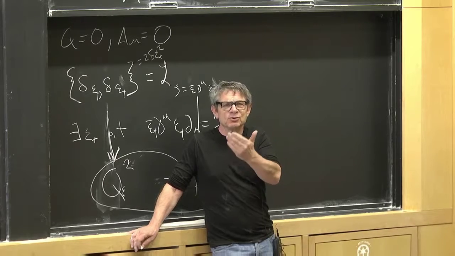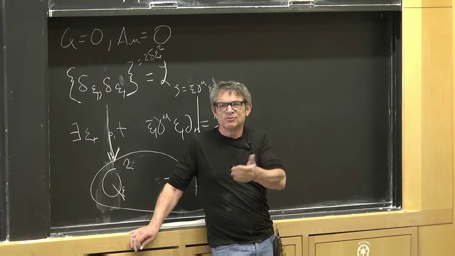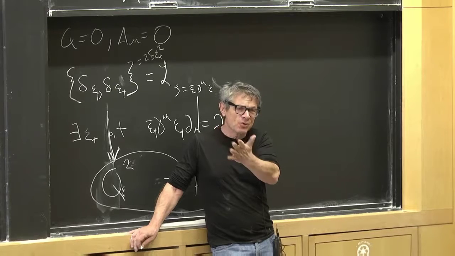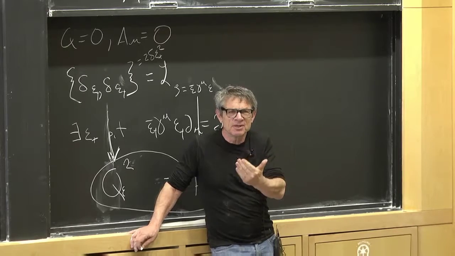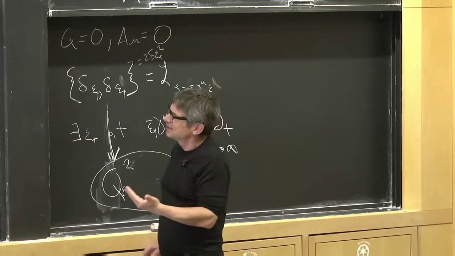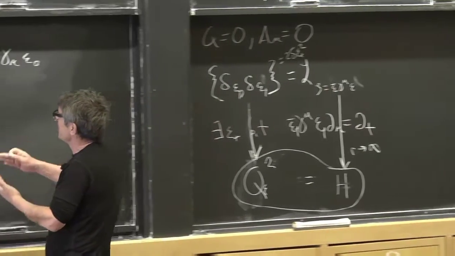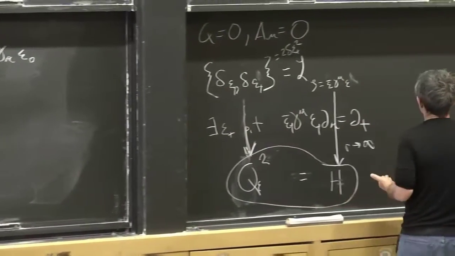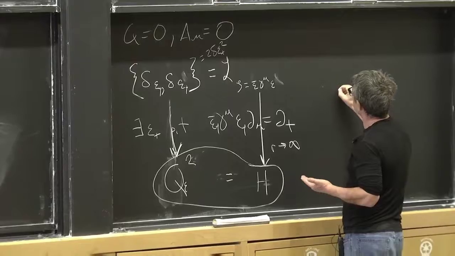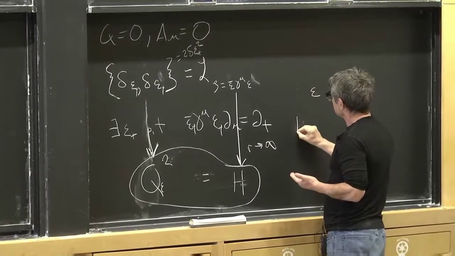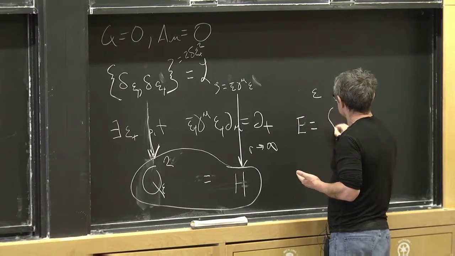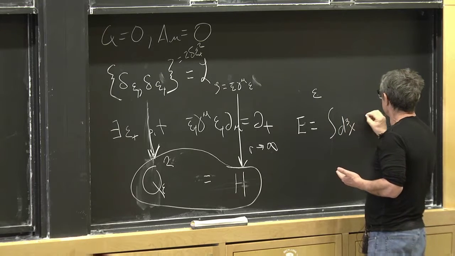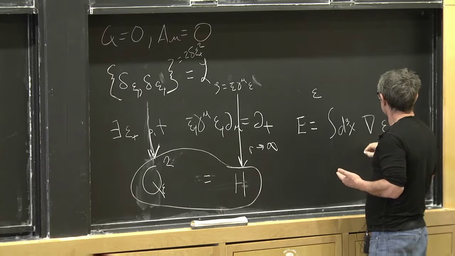Witten took the intuition behind that, threw away all the quantum stuff, turned this into some equation, and showed that indeed you can take this variation of the metric and you can actually construct, you take some spinor epsilon and you can write the energy as an integral over a spatial slice of something, roughly speaking.